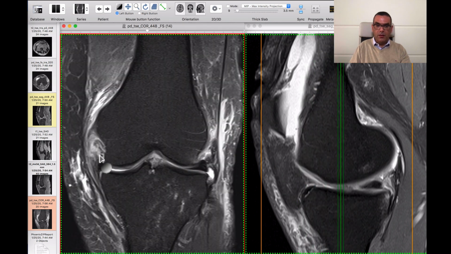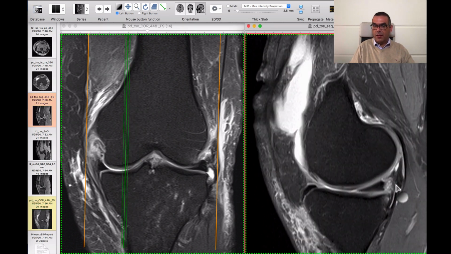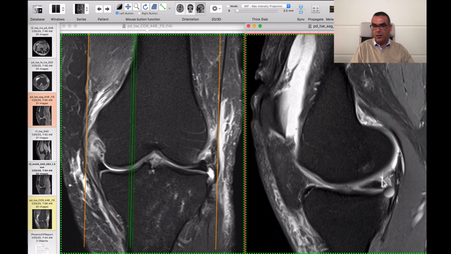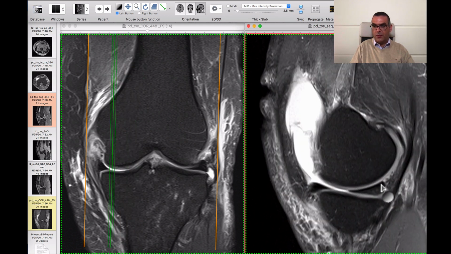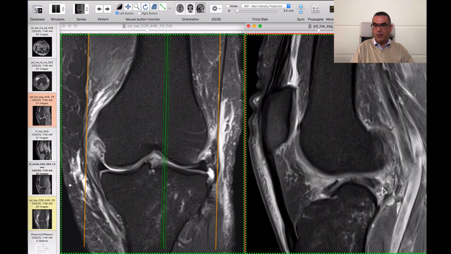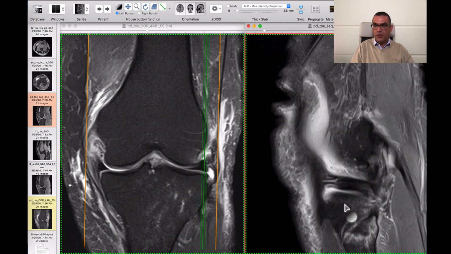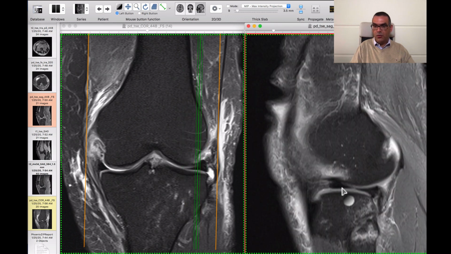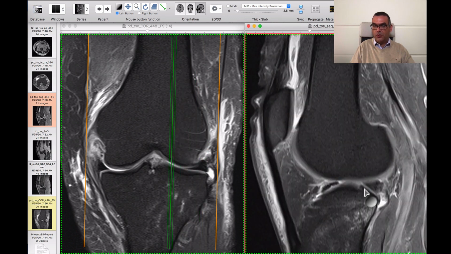You have ill definition of the superior meniscocapsular ligament as in the previous case, and there is a meniscal ramp lesion. The meniscocapsular attachment related to the posterior horn is completely ill-defined. So this is regarding the medial meniscus. Switching to the lateral meniscus, there is a normal appearance of the anterior horn, meniscal body, and the posterior horn.